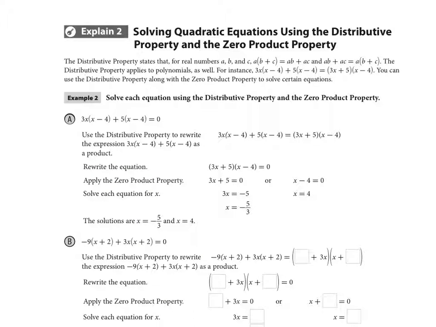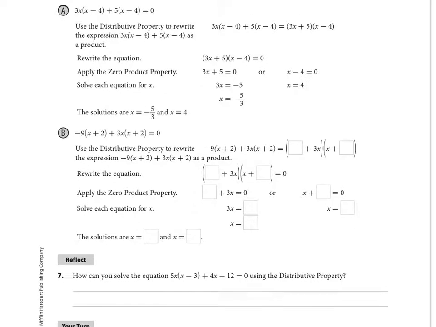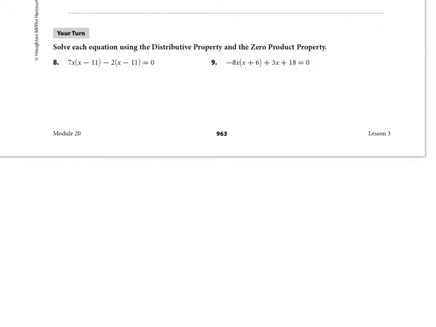So here's one where it says solve using the distributive property. Okay, what does that mean? Now these look a little different. The reason is because each factor has something being multiplied to it. The good thing is if you look at the factor, it's the same exact factor.